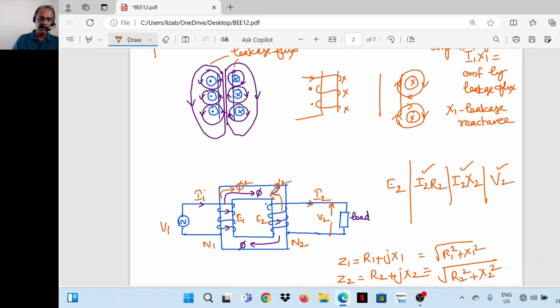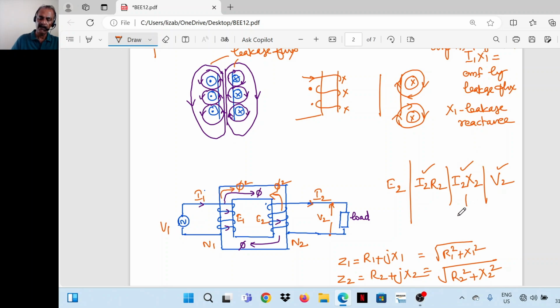The flux set up by the secondary also will not complete its path through the core. The entire flux will not complete the path through the core. A portion completes the path through air, which is the secondary leakage flux. So the secondary leakage flux induces an EMF in the secondary circuit, and we can express it as a voltage drop, which is called the leakage reactance drop.